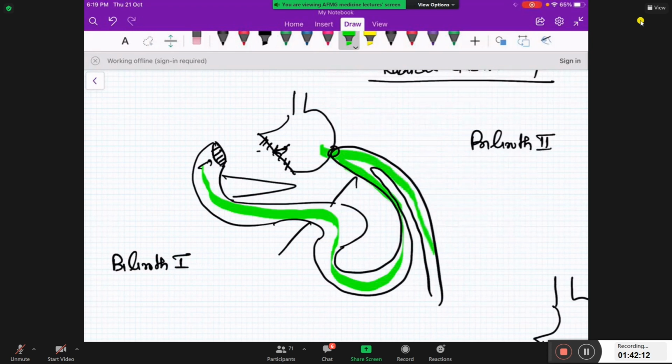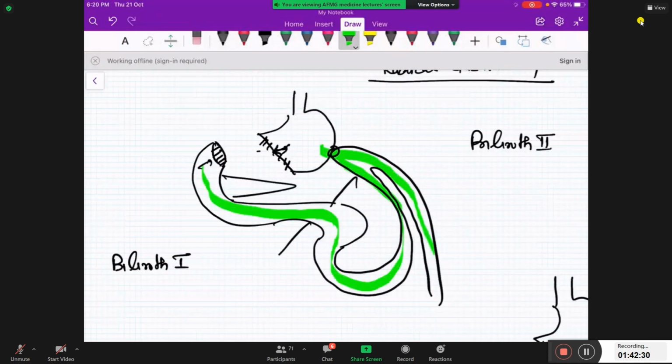So continuously, this stomach is getting exposed to the alkaline juice. Stomach is not used to alkaline things. Stomach is used to acid, and now stomach is getting continuously exposed to the biliary alkaline juice.